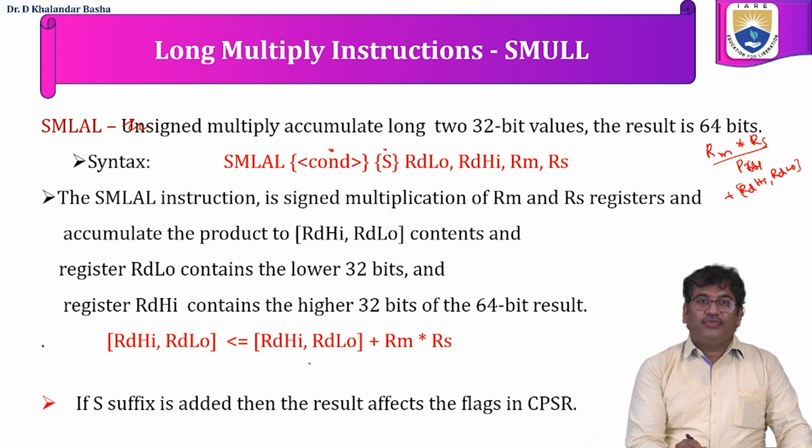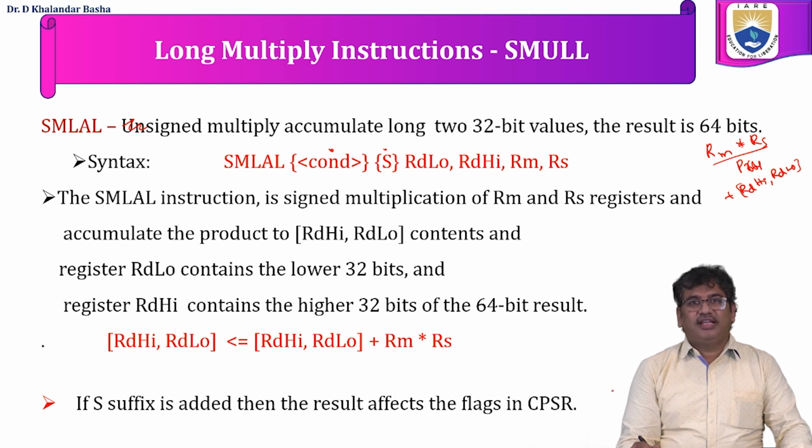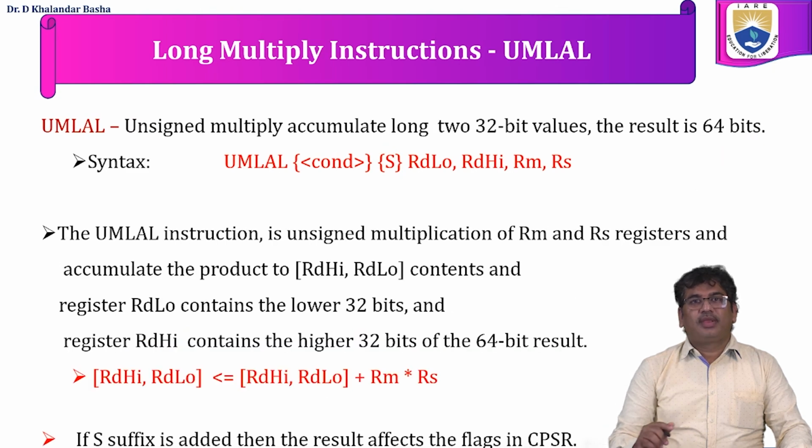The functionality of the SMLAL instruction we can write as RM multiplied with RS. These are going to be accumulated with the previous values in the registers RDHI, RDLO. If S is added as suffix for this SMLAL instruction, it will update the flags in the CPSR register based upon the results obtained after multiply and accumulate.